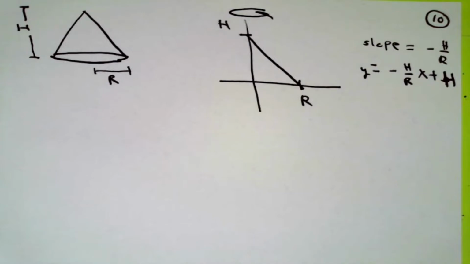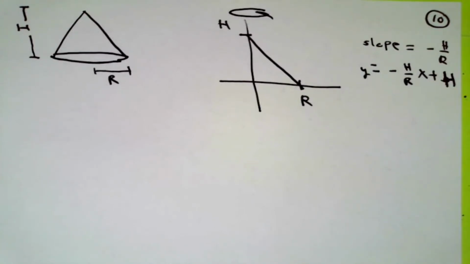Since that line has to decrease its height, its y-coordinate, by an amount h, in the change in x direction by amount capital R, it's obvious that the slope is negative, and in fact is negative h over r. Since I already know what the y-intercept is, the constant h, I can write down y equals negative h over r times x plus h as the equation of that straight line.